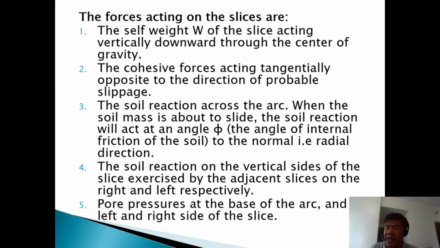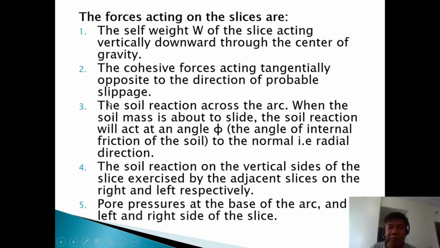But that doesn't necessarily mean that clay is a cohesive type of soil that you're going to place as plain clay in your structure, because there are other factors, not only the cohesion. So if you have the value of the cohesion, you can now compute the tangential force acting opposite to the direction of the probable slip surface.